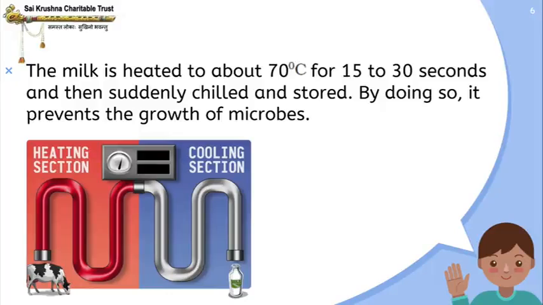Now, regular milk which we buy, we have to boil it and then only consume it. But if we buy pasteurized milk from the shops, there is no need to boil it because it is already free of microbes. How?